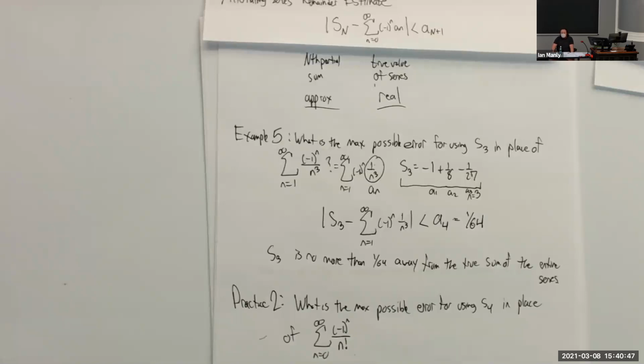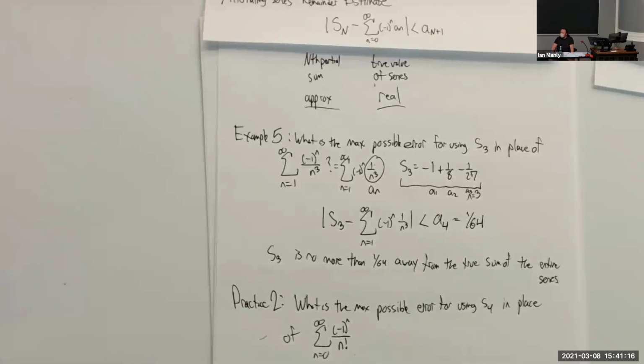All right, give you guys another few seconds and then we'll go over here. That'd be 1 over 4 factorial because we started at n equals 0.